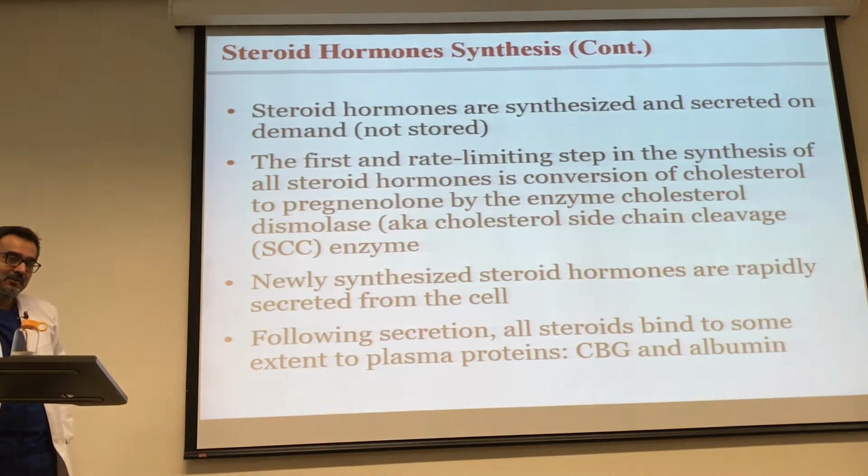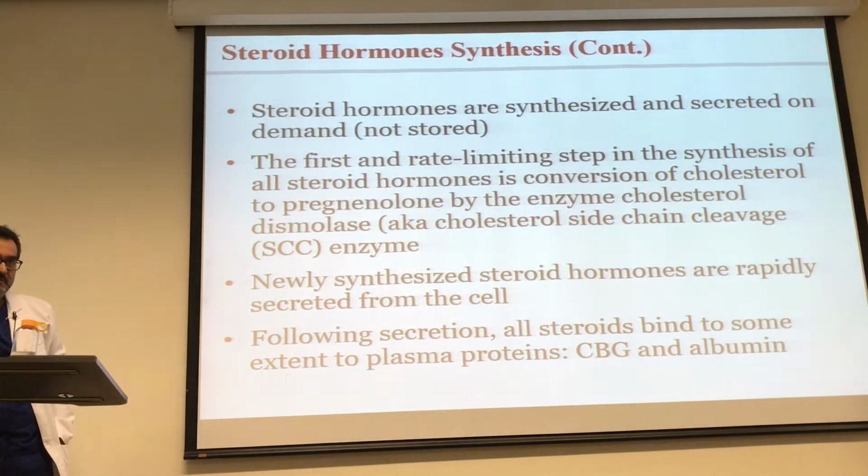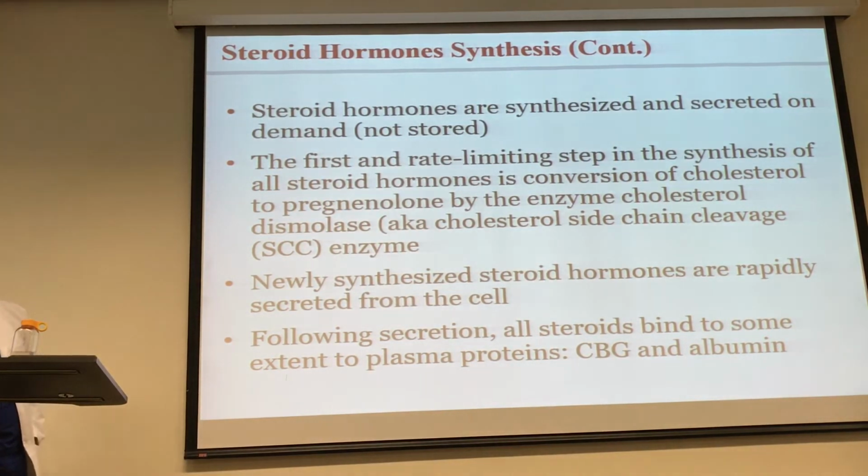So from cholesterol, you have pregnenolone formed under the action of cholesterol desmolase. This is the conversion of cholesterol to pregnenolone by the enzyme cholesterol desmolase, the cholesterol side chain cleavage enzyme. This is the rate limiting step in the generation of the steroid hormone.